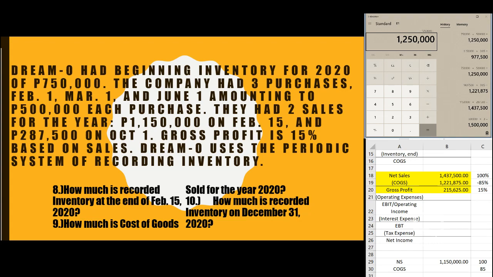So, minus 977,500. For the perpetual inventory, for companies using perpetual inventory, the answer for number 8 will be 272,500. Okay? For perpetual. Kasi palaging updated si perpetual. Si perpetual, kapag may pumasok, you add to your inventory. Pag may lumabas, you subtract from your inventory. Ganun lang yun kasimple. Okay?